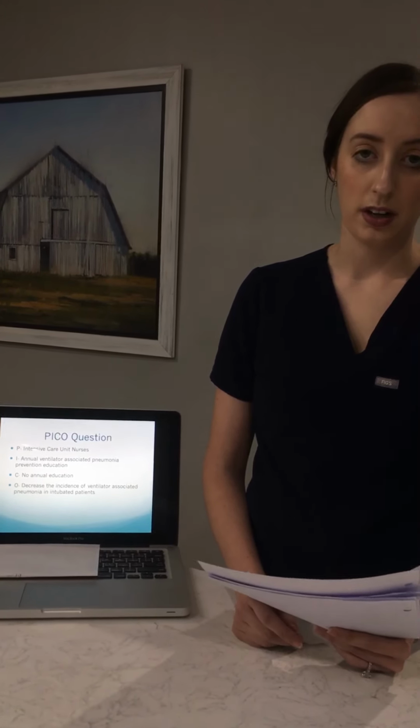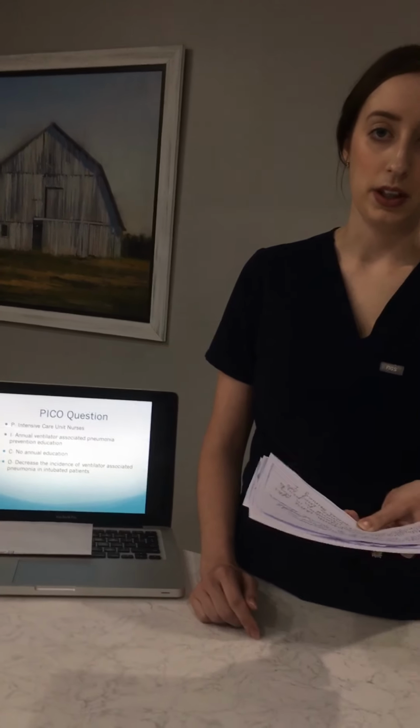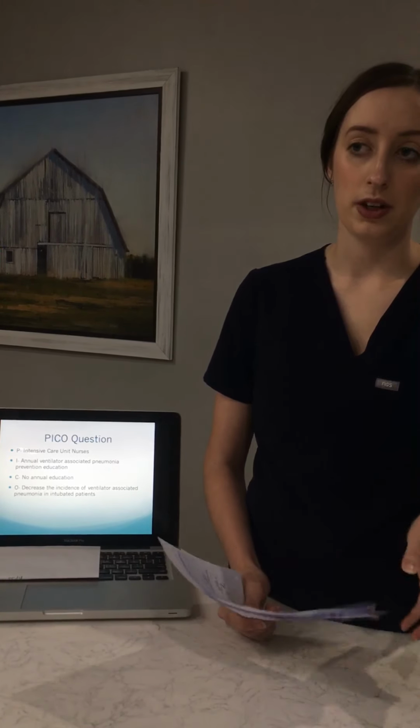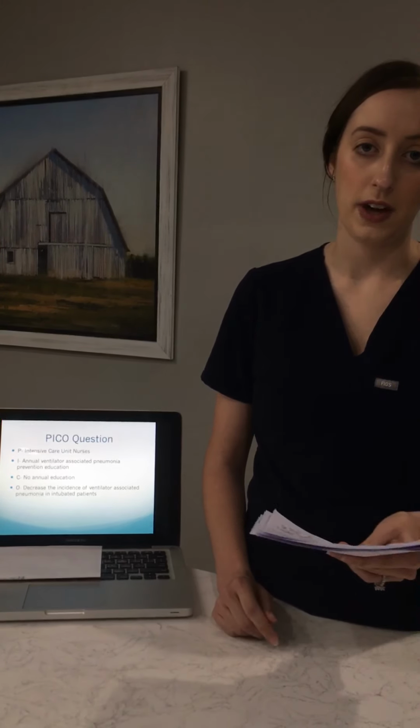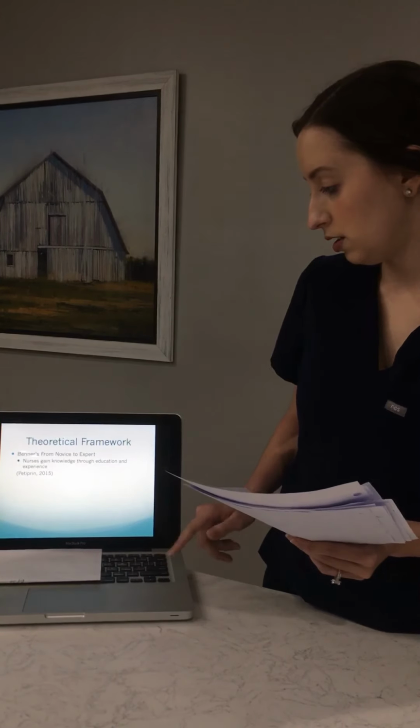I was required to complete this VAP bundle every 2 hours, but I was never formally trained on the VAP bundle. I thought maybe if our nurses were formally trained yearly, we may increase bundle compliance and therefore decrease VAP incidence in our own hospital.